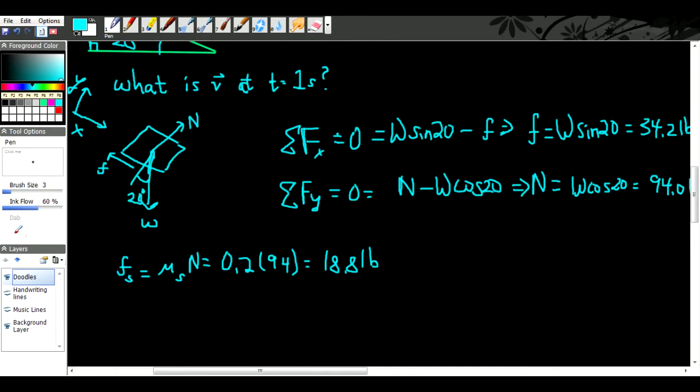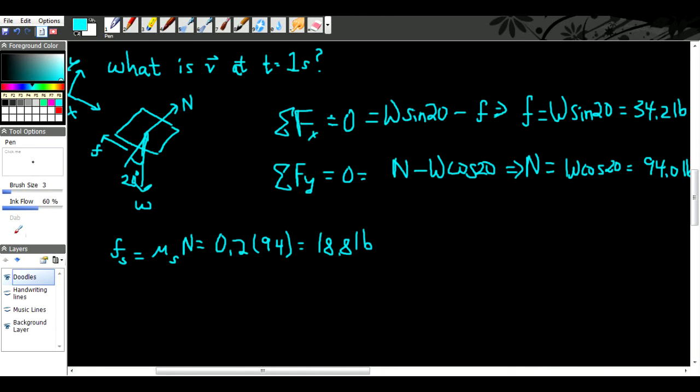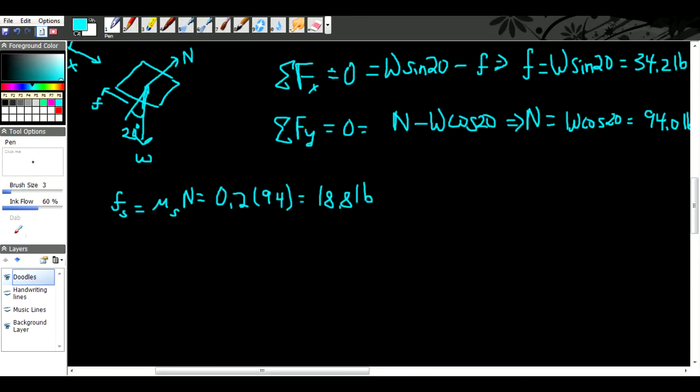Since 18.8 is less than 34.2, the block will slip along the surface. If this number was greater than 34.2, the block would stay stationary on the surface.